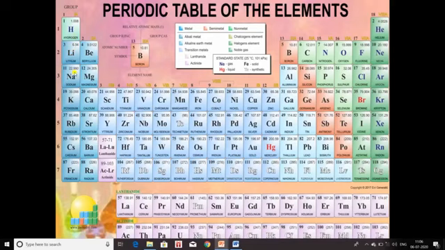If we provide energy, they can easily lose one electron and convert into a positive ion: H positive ion, lithium positive ion, sodium positive ion, potassium positive, rubidium positive ion, cesium positive ion. Francium is radioactive in nature. So they can easily lose electrons, so that is why they are more reactive.